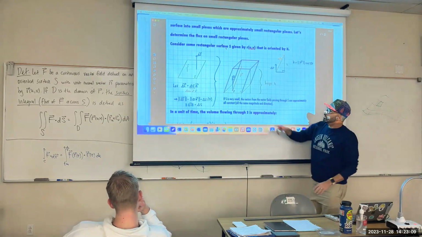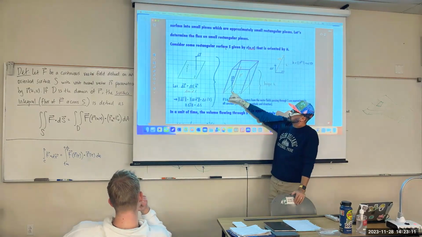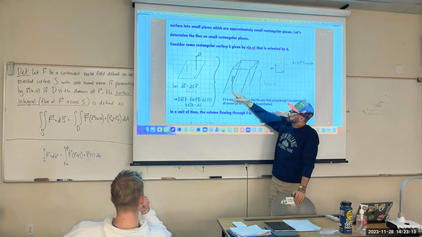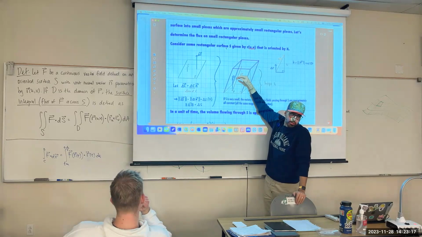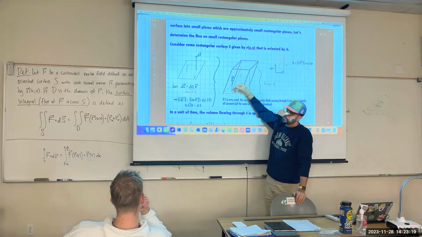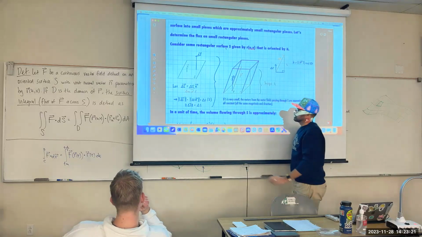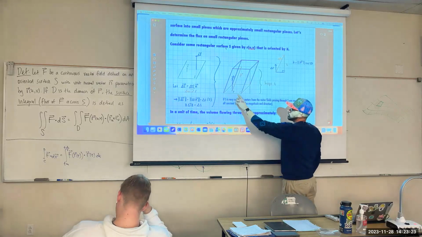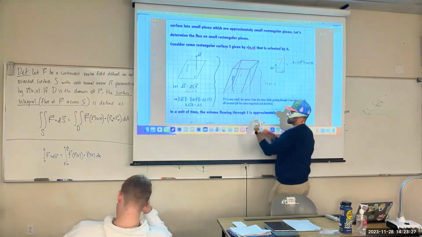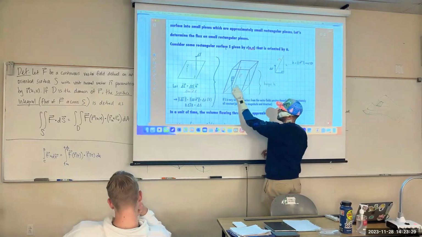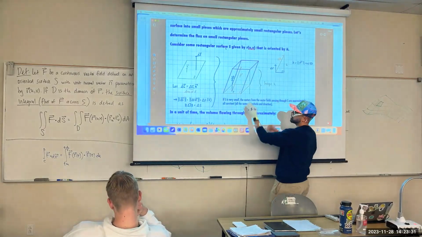Okay, so then we get a point on the surface and we plug it into the vector field to give you this vector here, pointing in whatever direction it's pointing, however it's flowing through us. As I mentioned, since S is very small, I do that for all the points on the surface, and because that surface is so small, all these points are very close to each other.